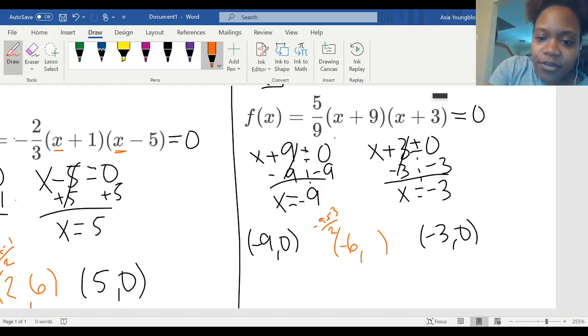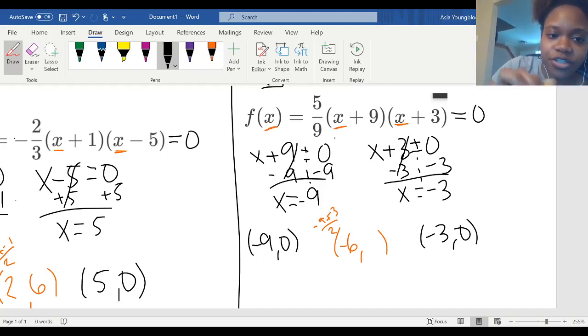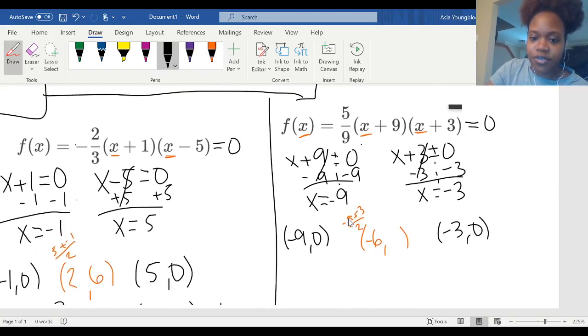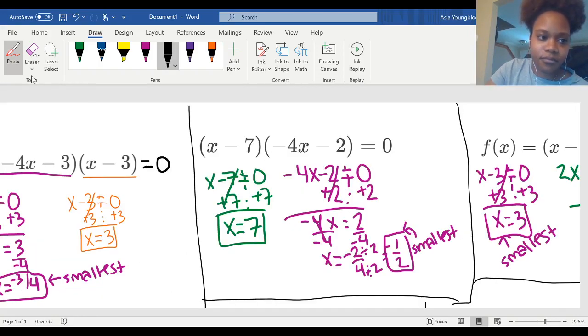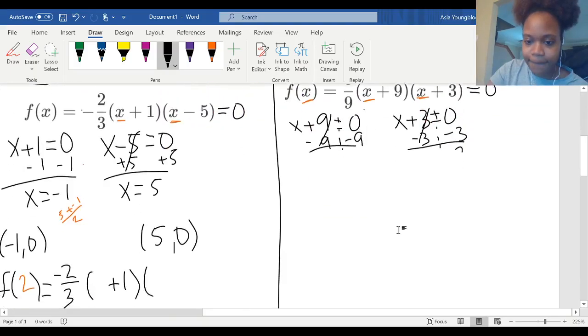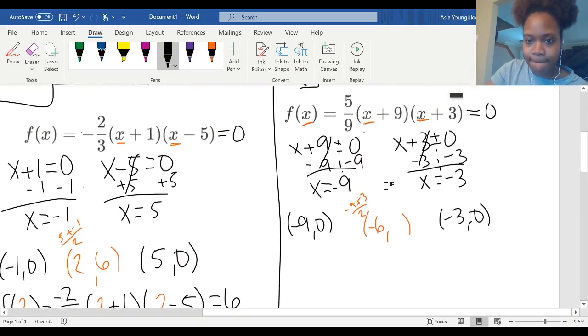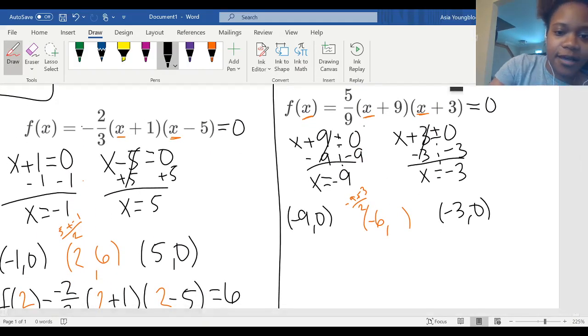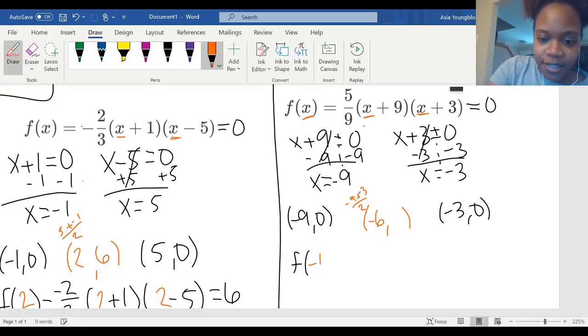So now to find the y value, we're going to plug this negative 6 in for x in the original function. So for our original function, we're going to have f of negative 6.